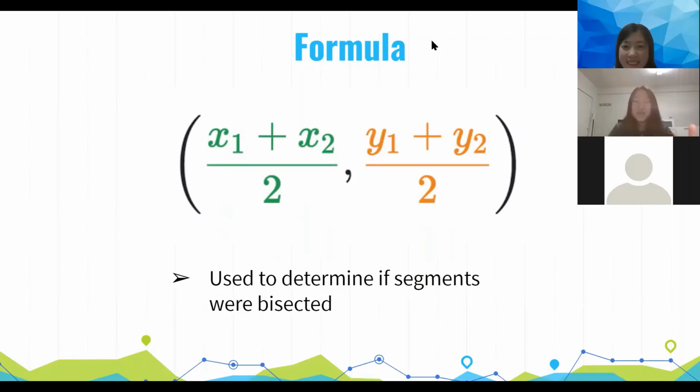Okay, so a midpoint can only happen in a line segment because a line segment has ends, but a line cannot have a midpoint because it extends forever.